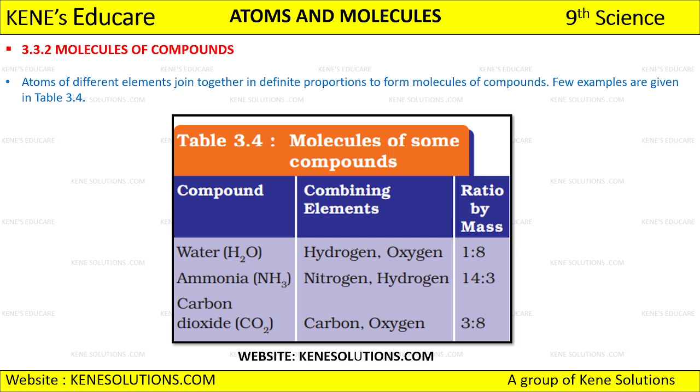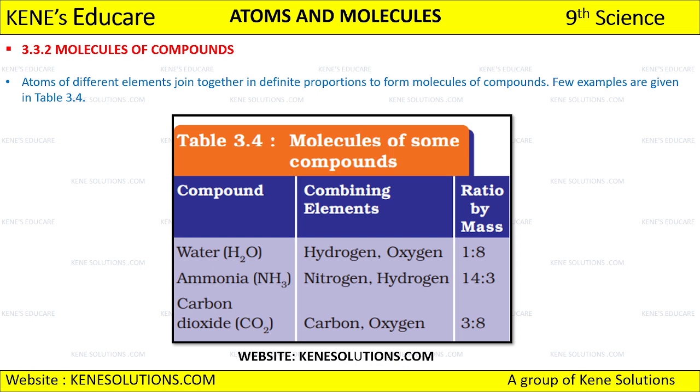For ammonia, the combining elements are hydrogen and nitrogen, so the ratio by mass is 14 is to 3. And for carbon dioxide, the combining elements are carbon and oxygen, present in the ratio 3 is to 8 by mass, right?